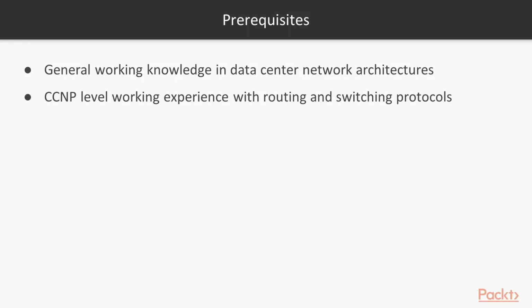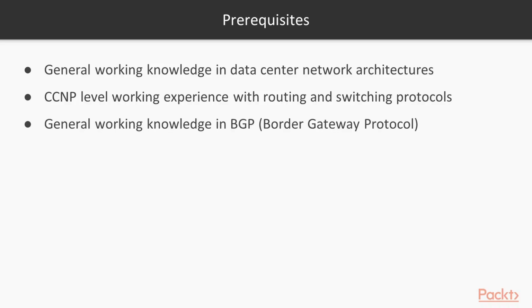A CCNP, or Cisco Certified Network Professional, certification level of working experience with routing and switching protocols. It's very important for you to have that foundational knowledge at a CCNP level, okay? General working knowledge in Border Gateway Protocol, or BGP, is very important because BGP is highly utilized in ACI when it comes to external connections.